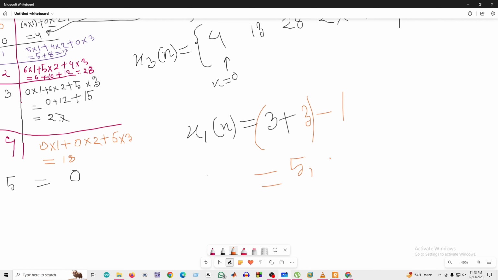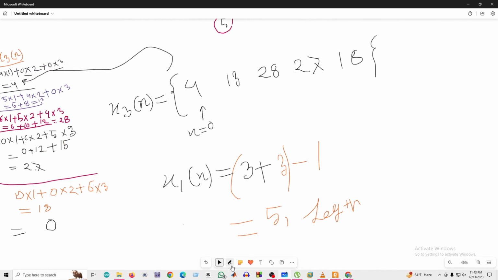So this 5 is your length. You can verify by using the formula that the length covers this condition of the output, and this is our answer. So this is the concept of the linear convolution.